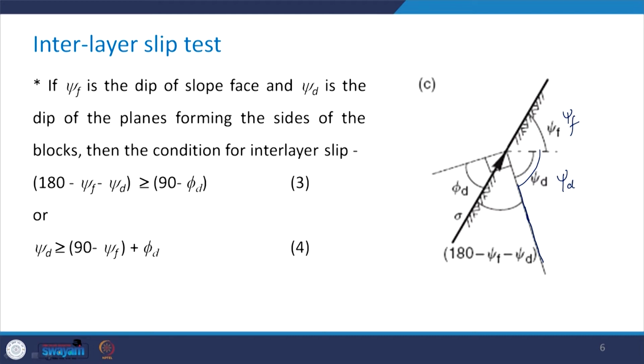Then the condition for the interlayer slip is given by equations 3 and 4, that is 180 minus psi d should be greater than or equal to 90 minus phi d, or if you shift the terms, the same relationship can be written as psi d must be greater than 90 minus psi f plus phi d. So, equation 4, if this is satisfied, we would say that the interlayer slip will occur.